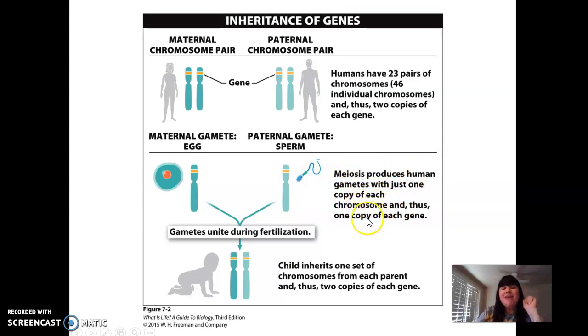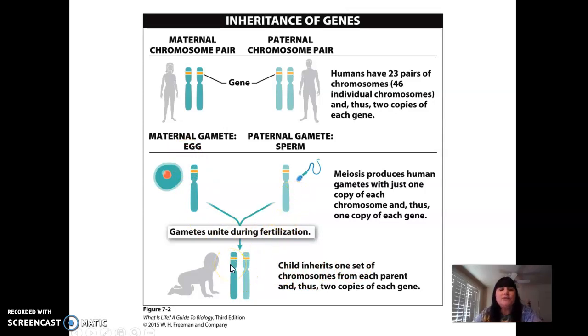Okay, fine. Then, if fertilization is going to happen, so if the egg from this woman and the sperm from this man get together, now the future baby would be diploid again. The child inherits one set of chromosomes from each parent, and that's 2 copies of the gene.